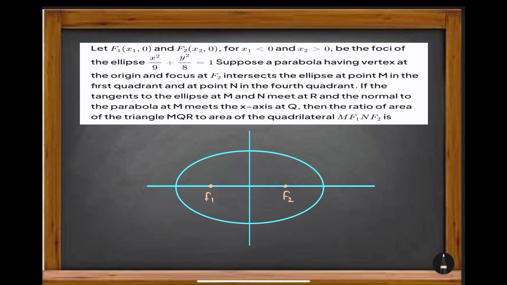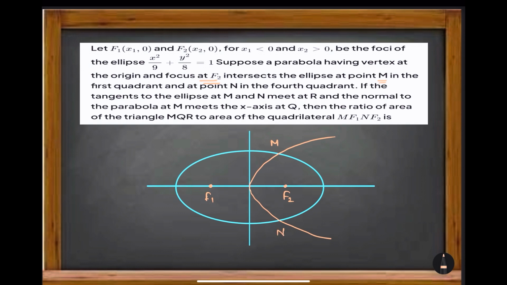Now suppose a parabola has its vertex at the origin and its focus at F2. So this is the focus of the parabola as well. Hopefully your parabola will look like this, and it intersects the ellipse at point M in the first quadrant and point N in the fourth quadrant.